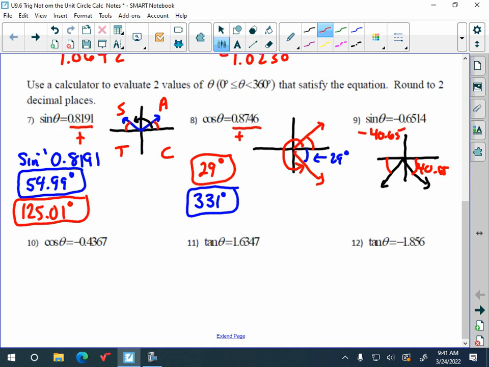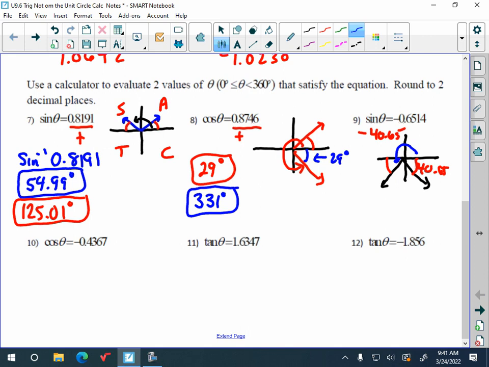How can I go from here all the way to there? No, you can't use 270. What is it? No, you're close. We are using 180. What? No. Because if you did 180 minus 40, that's 40. We need the answer to be between, remember, this angle right here, all the way here, has to be between 180 and 270. 180 plus.